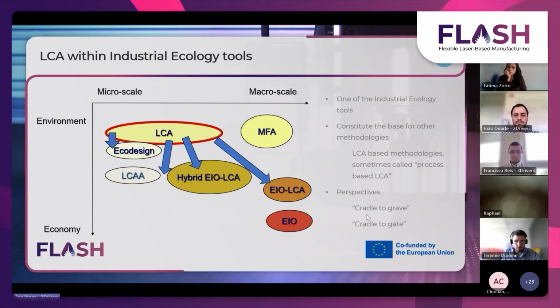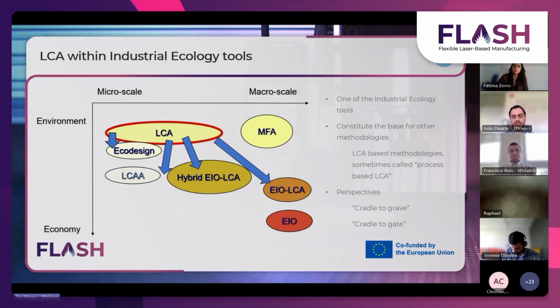The cradle to grave gives us the perspective of the whole life cycle, and it's really important to apply a life cycle perspective because we are considering all the impacts of the life cycle production of a certain product or system.